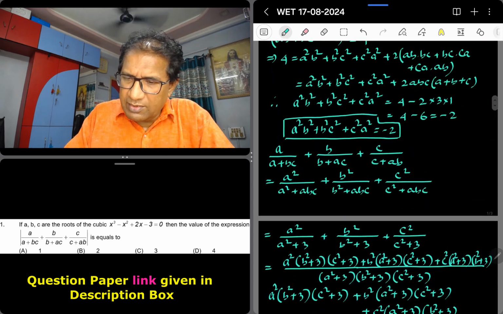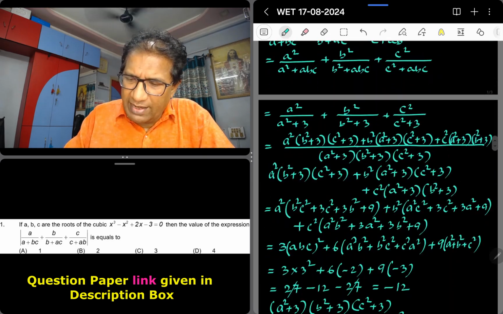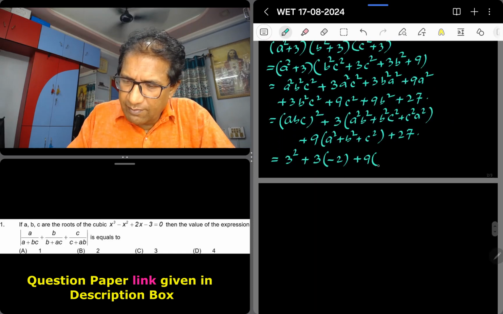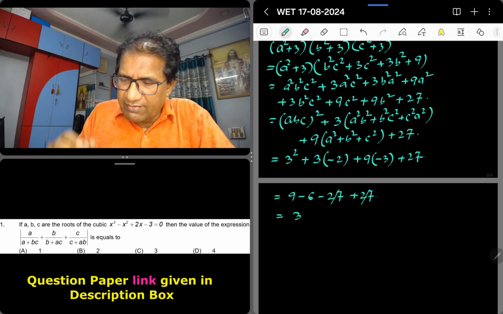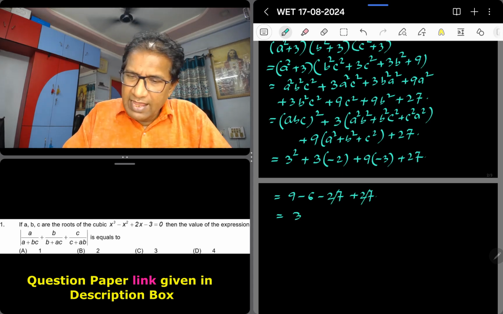And A square plus B square plus C square is coming to minus 3. So we are having the denominator as 3 only because 27 goes off, right?